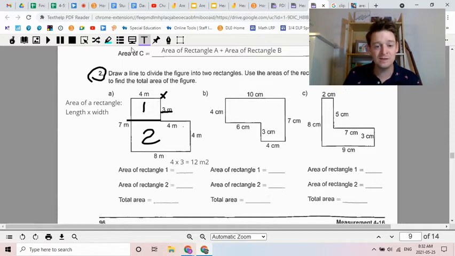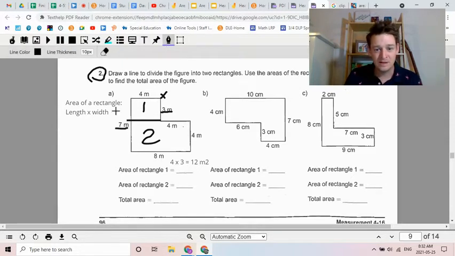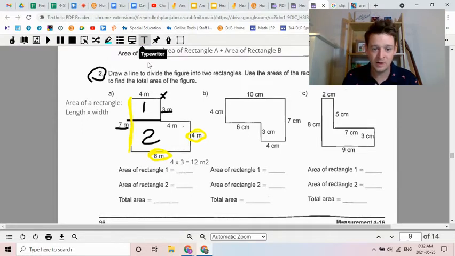I just want to show you how I got my area. And rectangle 2, we need to be careful because there's a measurement here that says 7 meters. But that 7 meters is for this whole side. And I only want the length and width of my rectangle. So we've got 4 meters and we've got 8 meters. So we are 8 meters wide and 4 meters long. So let's use my text box.